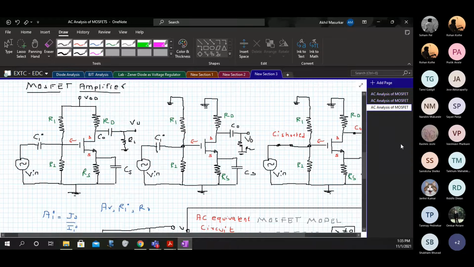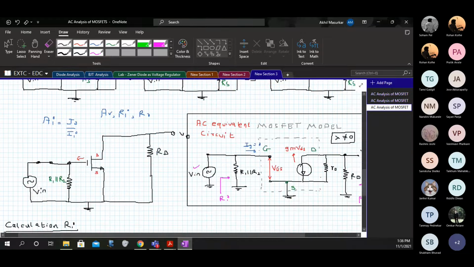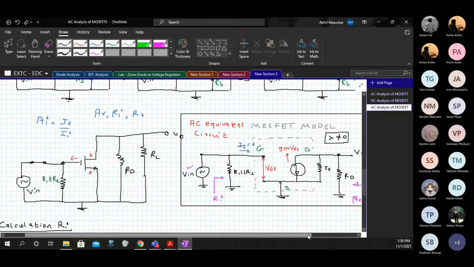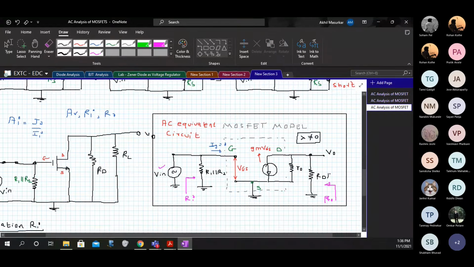And when you come to this circuit, this will be actually RD parallel with RL. So we have a RD, and here we have a RL. So this thing actually becomes RD parallel RL.